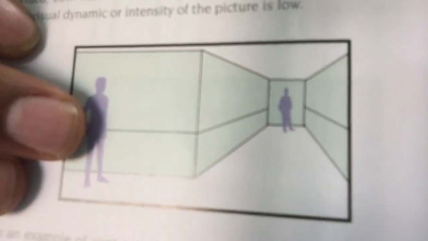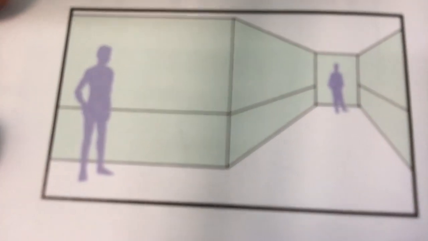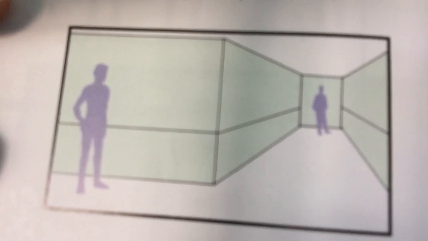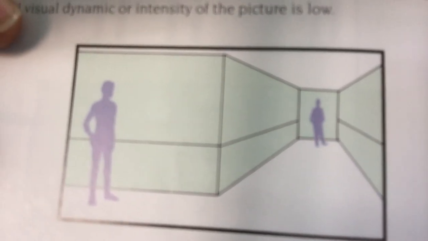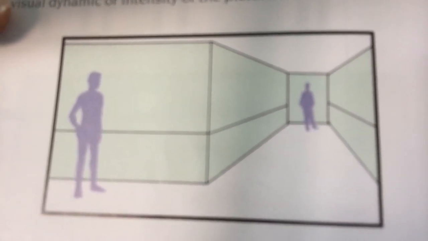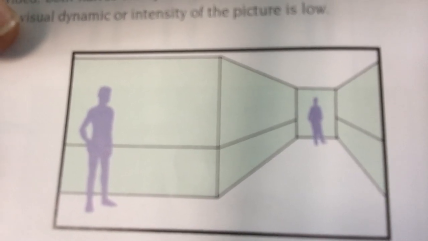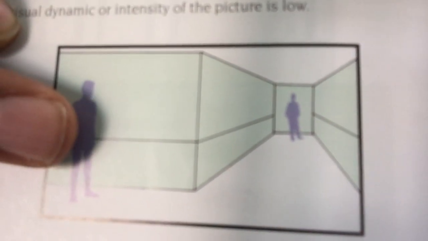Now if I want a contrast within that shot, I would have portions of it that are flat and deep, okay? Like this. This is an example of contrast within the shot. One side of the shot is deep space, and the other side of the shot right here is flat. So that's contrast within one shot using space.